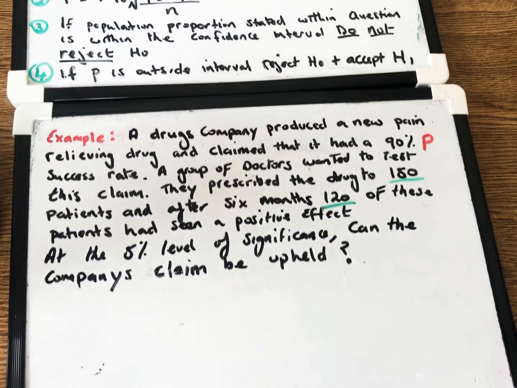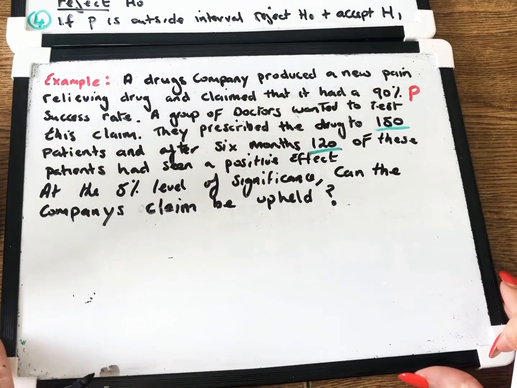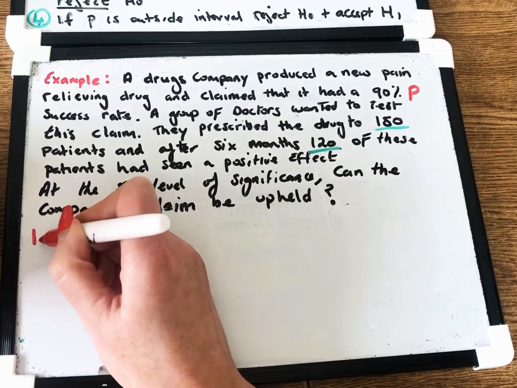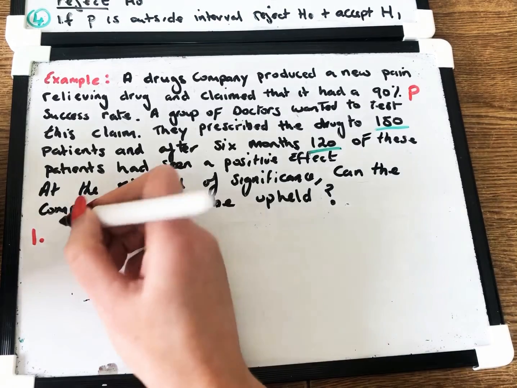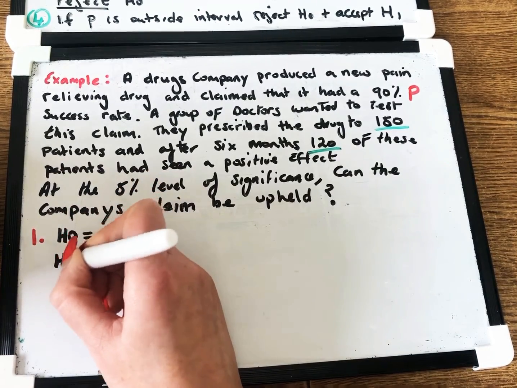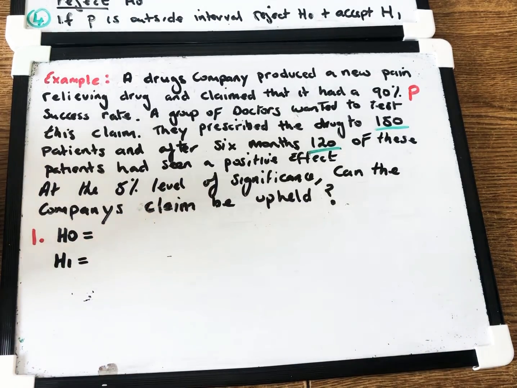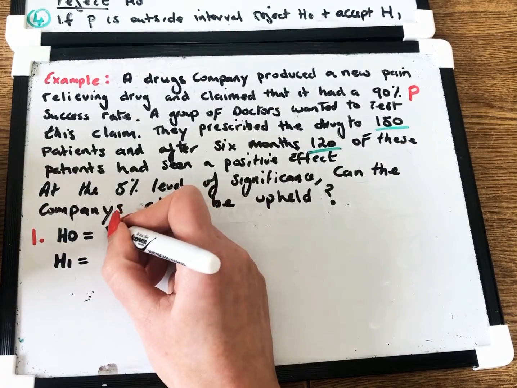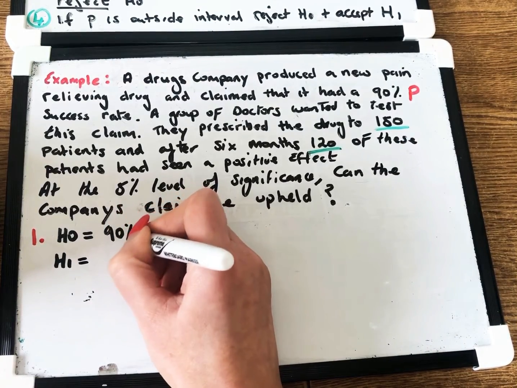So we firstly began by writing down our H0 and our H1. Our H0 is our null and our H1 is our alternative. These values are the p-value, in other words, the 90%. So the 90% is our null.